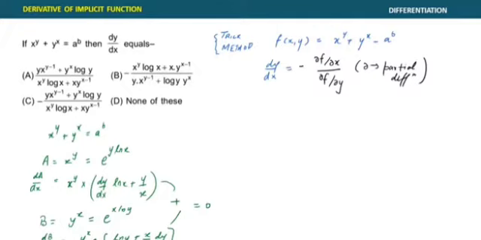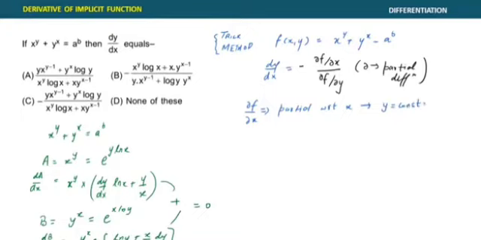Now let me show you how it is being applied over here. So first of all, the target is delta f by delta x, right? So in terms of partial differentiation, you are differentiating with respect to x. So this means here y will be a constant.